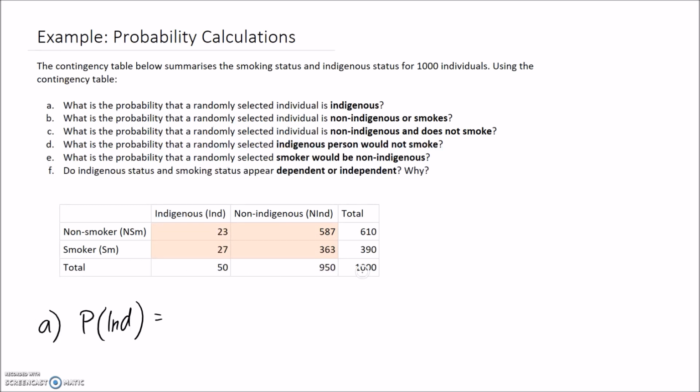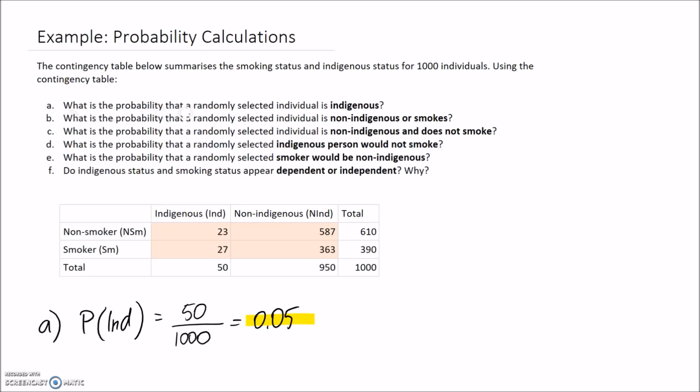And the margins are just basically where we have these totals. So indigenous, we've got a total of 50 people that identify as indigenous out of the overall total, which is 1,000. So that includes the people who are not indigenous. So if we type this into a calculator, we end up with the answer of 0.05. So that's the answer to part A.